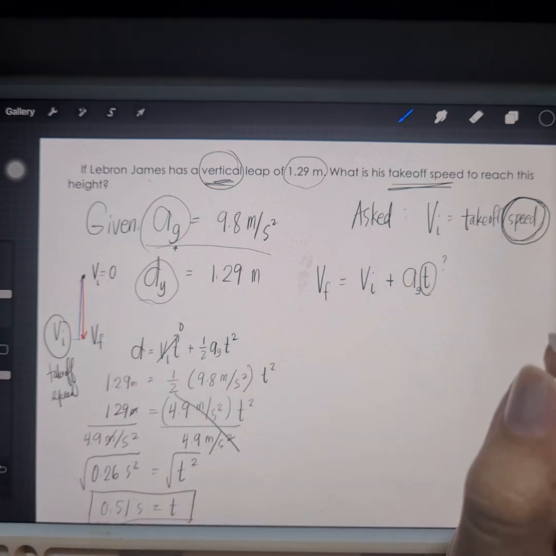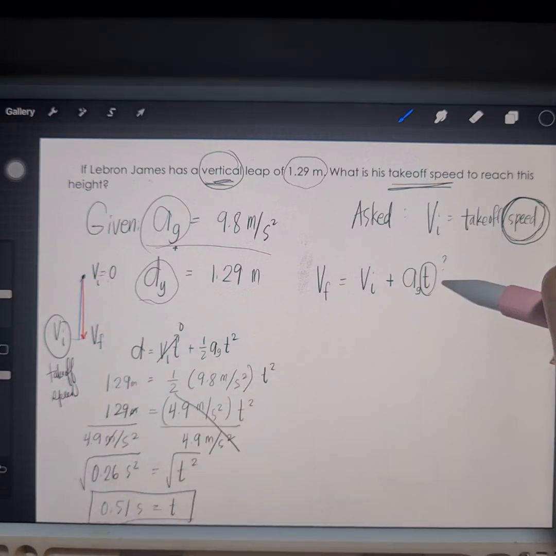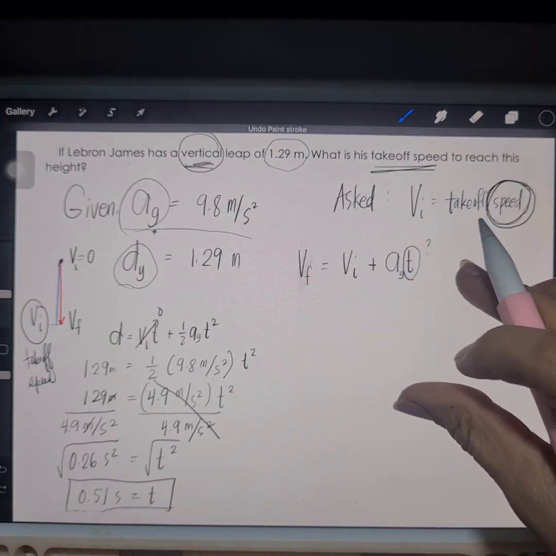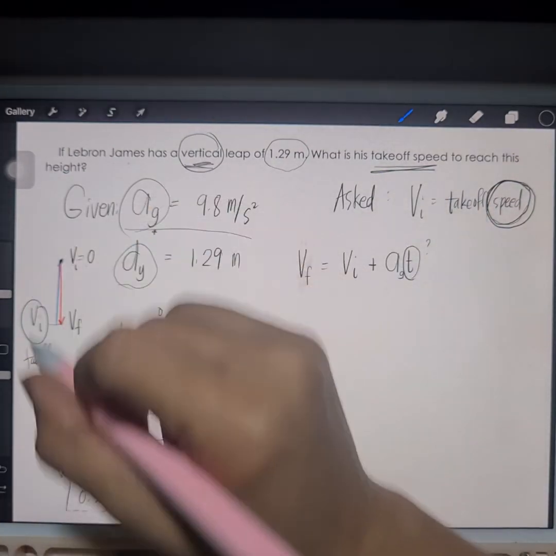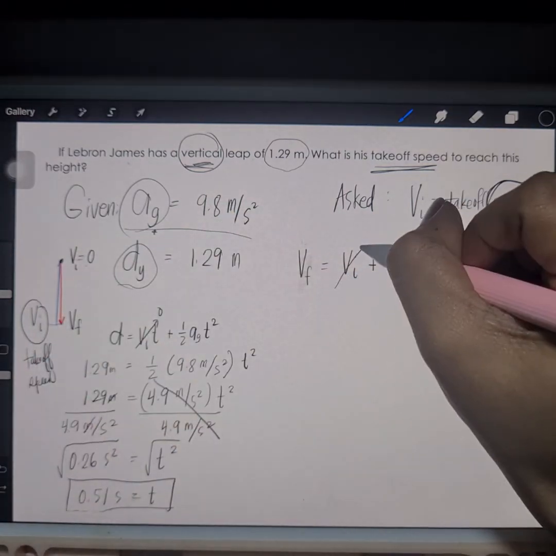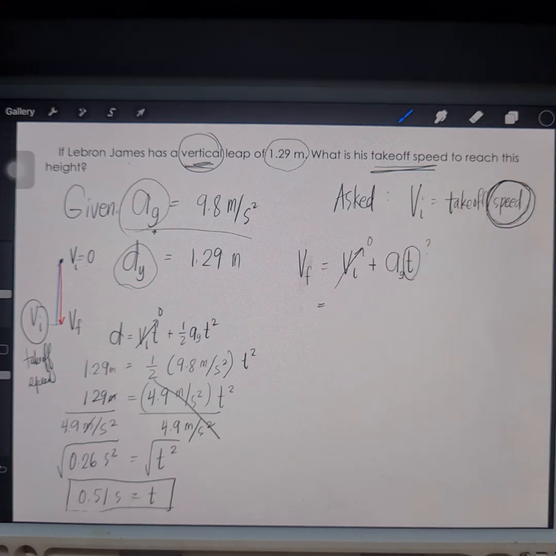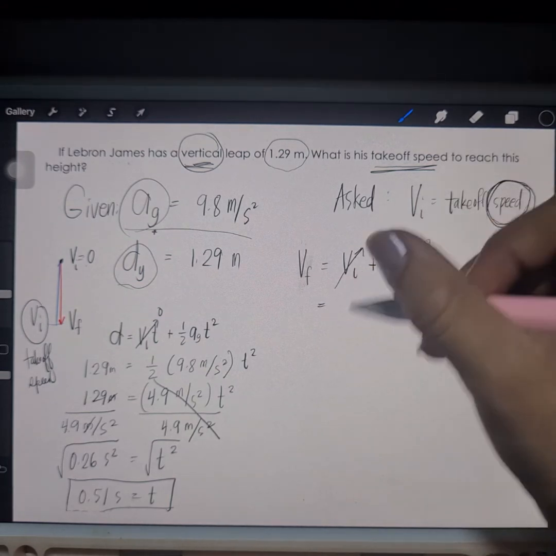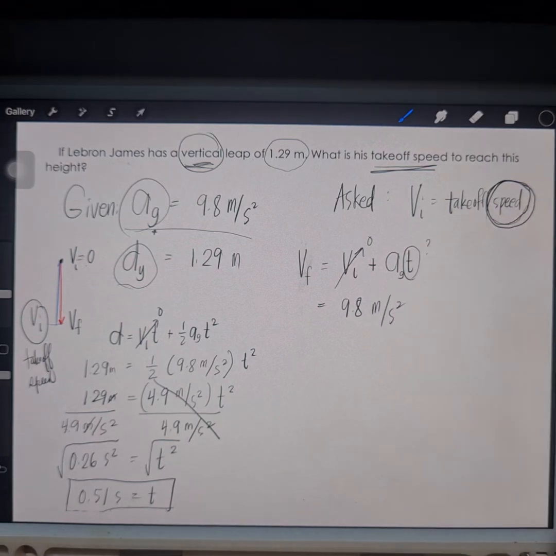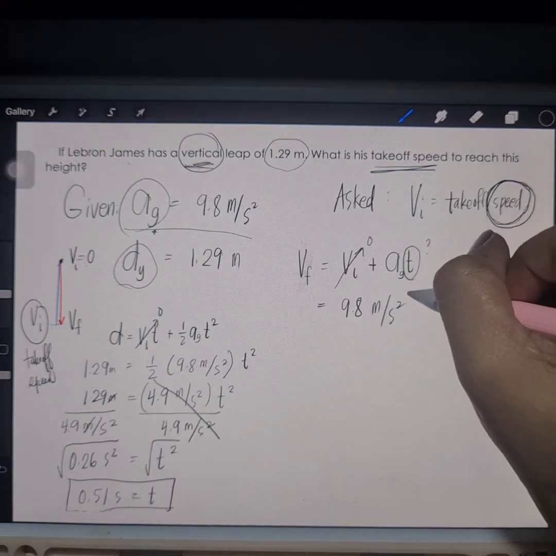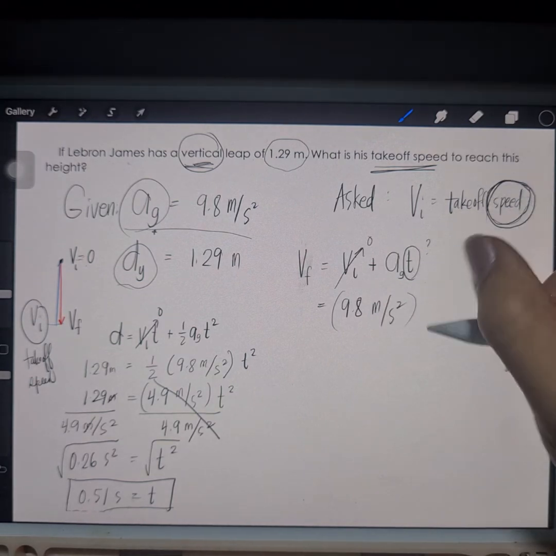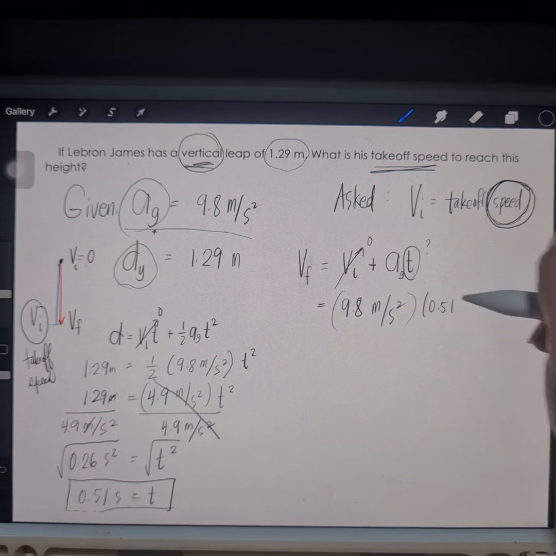So let's substitute the values here. From the given, we will just focus on the red path. The initial velocity will be 0, and of course we know this is 9.8 meters per second squared, and we already have the value for time, which is 0.51 seconds.